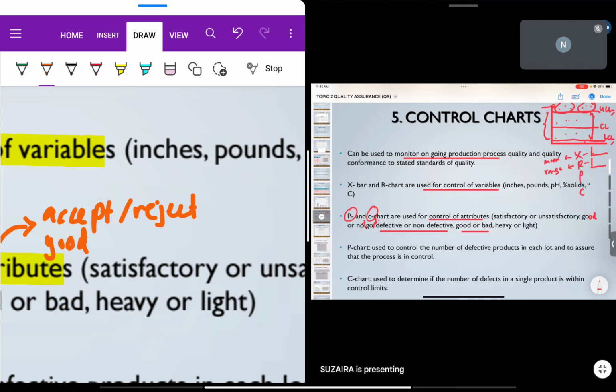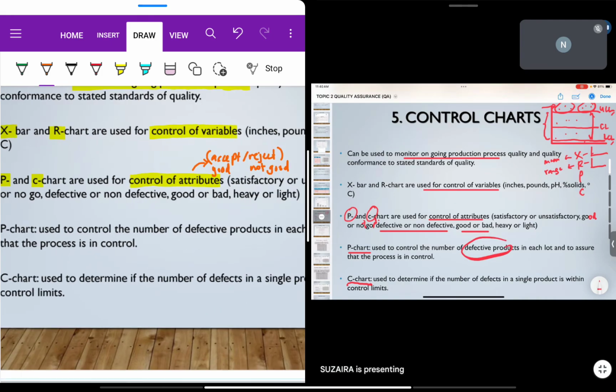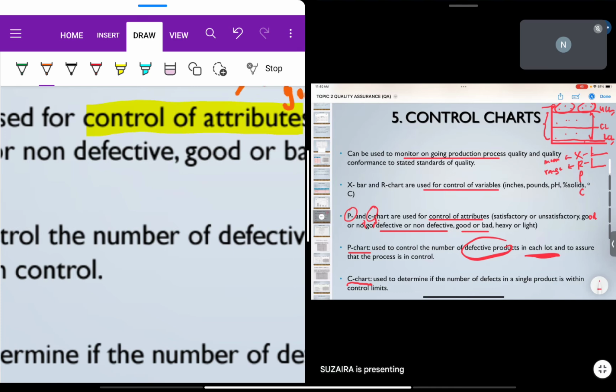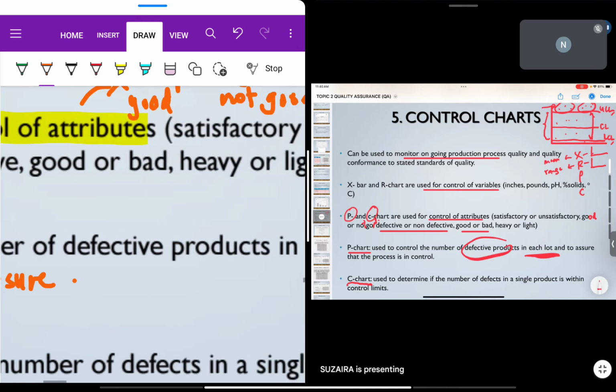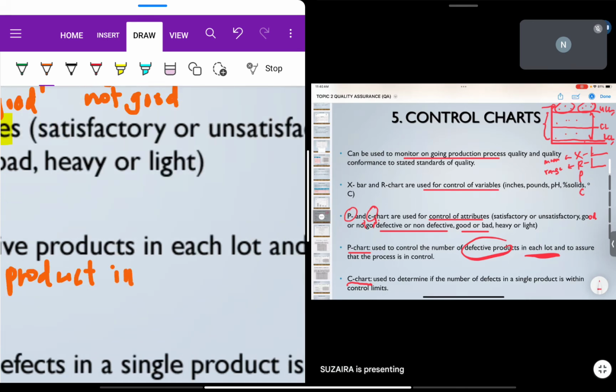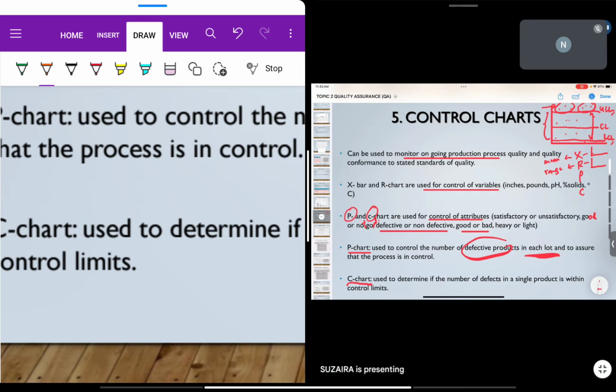Basically, the comparison between the P chart and the C chart: the P chart measures the defective products in one lot. So remember, defective products in one lot. You want to conclude whether the products you produce are accepted or considered bad products. Whereas the C chart is used to determine defects in a single product.